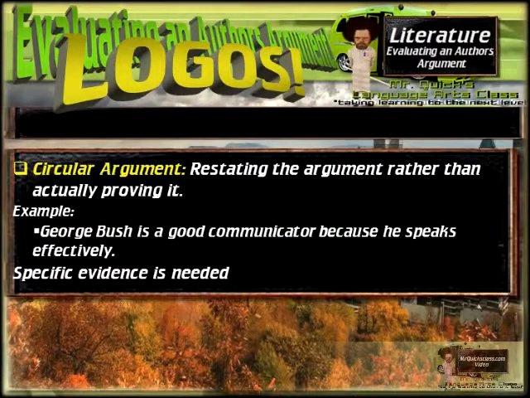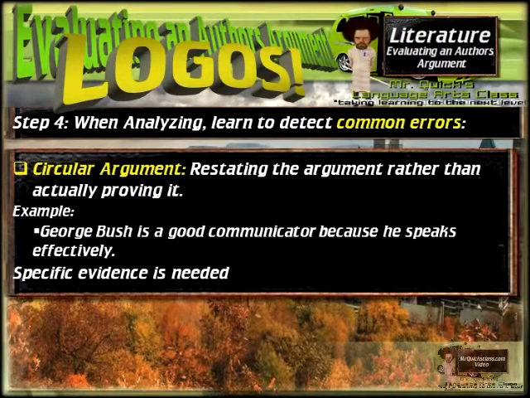I mean, we need a little more evidence here. Is it just because he speaks effectively? What does that mean? Does that mean that he uses the words right? His pronunciation is good? We need more information here other than what has been presented. The reasoning here is not good at all.